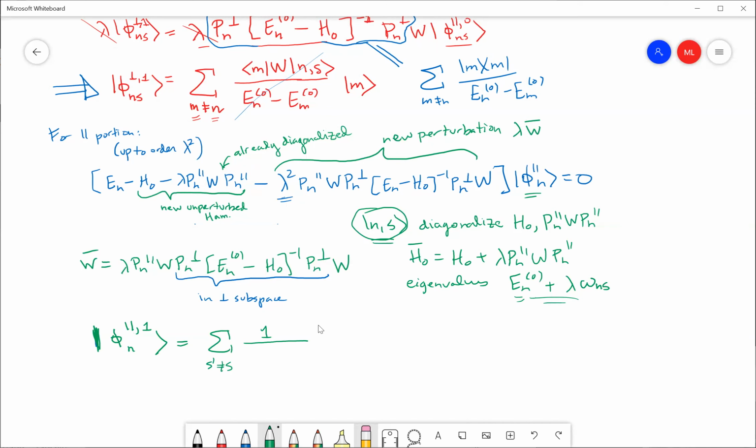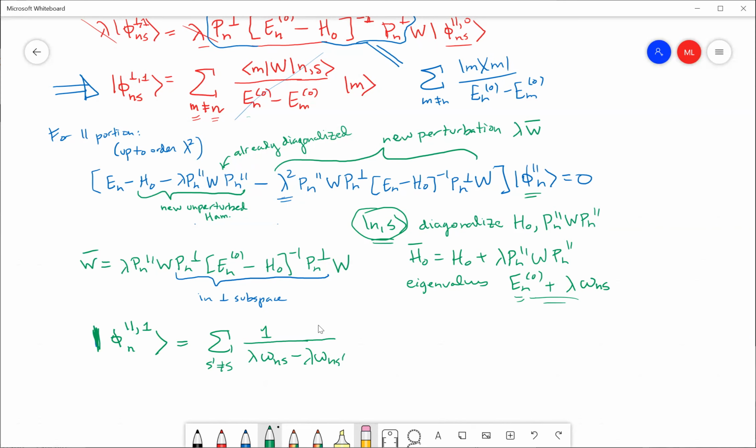So down here we get lambda W n S minus lambda W n S prime. That's just by analogy to the first order correction for perturbation theory.